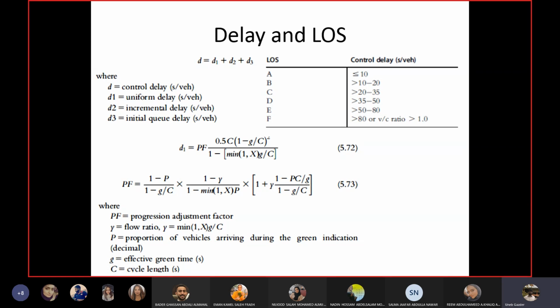For example, let's say uniform delay is 10 seconds per vehicle. An extra vehicle is added in the congested condition. It may increase the delay from 10 to 12 seconds. One more vehicle added to the queue, it may increase the delay to 15 seconds, and so on and so forth.